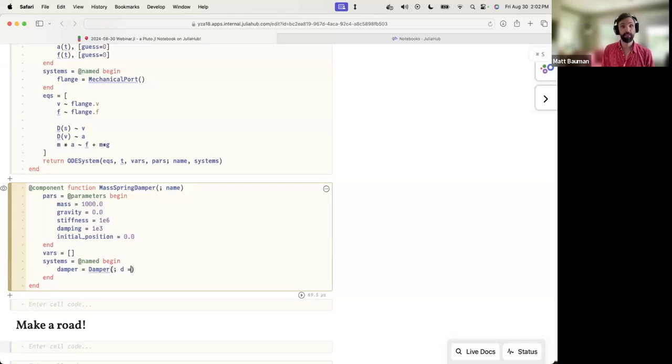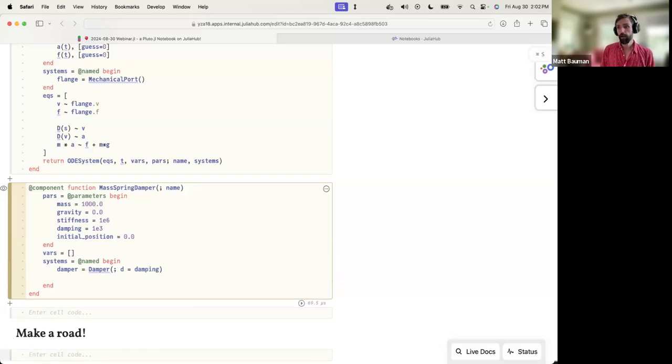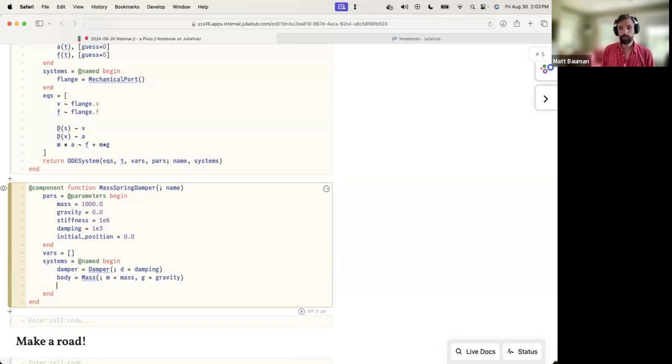And we pass in, this is why we gave those arguments in our functions as we defined them, D as our damping parameter. Our body is going to be the mass, where we pass in M as the mass parameter, G as our gravity parameter. All of these things we can do.